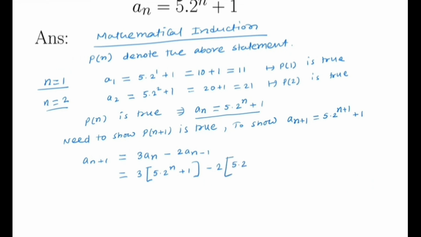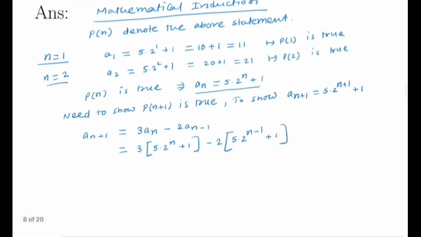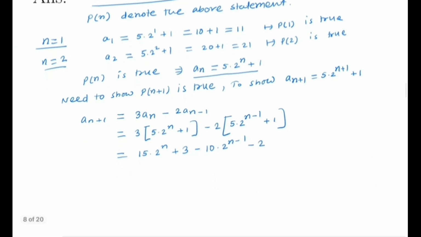It is 5 into 2^{n-1} + 1. So we get 15 times 2^n + 3, minus 10 times 2^{n-1}, minus 2. So here we get 15 times 2^n minus 10 times 2^{n-1}, and 3 minus 2 is 1.